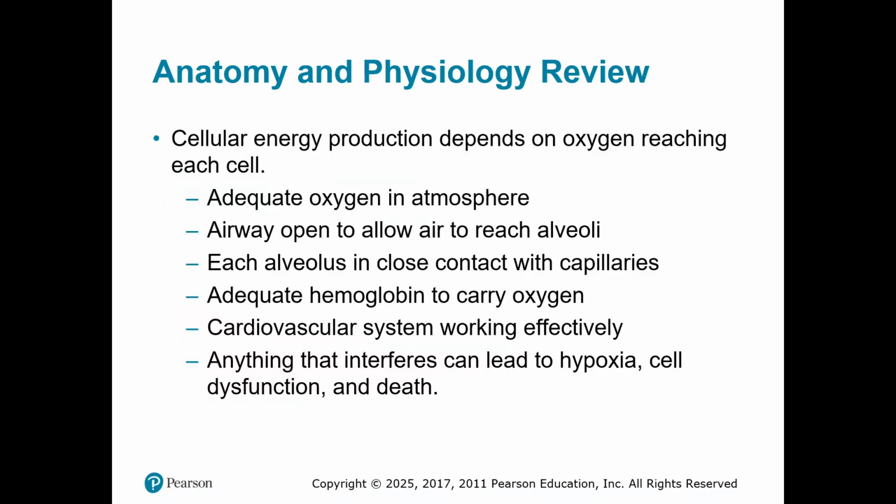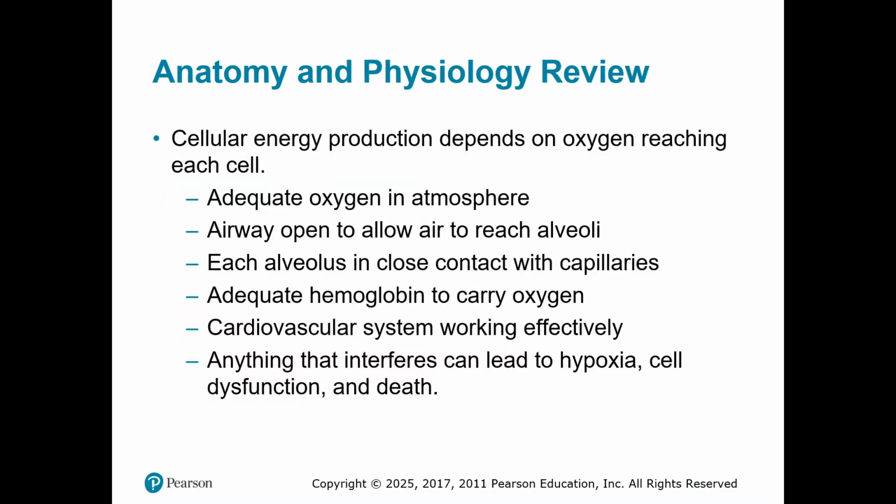We have to have an airway that's open, that allows air to come into the trachea, go through the bronchioles, and get down to the alveoli. We need to think about the alveolus and how close in contact it is with the capillaries. That's what allows for that oxygen exchange to happen.